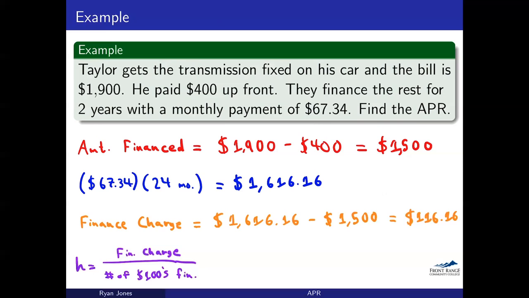We've got our finance charge of $116.16, and we're going to divide that by the number of $100 bills that he financed. Well, we know that he financed $1,500, so the number of 100s that he financed would be 15. Because if I was counting out $100 bills, I would count 15 of them to get to my $1,500. So if I divide this by 15, I can find a value of H.